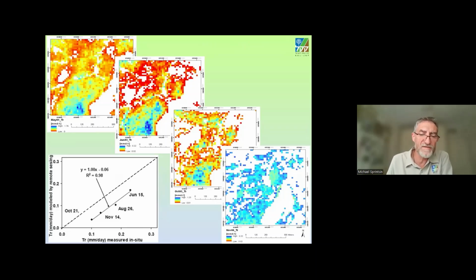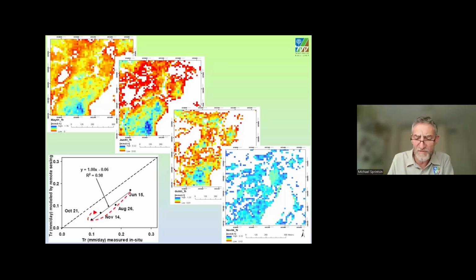By extracting values here on the plot, we can see this seasonal dynamics, how transpiration drops from June to October, and then increases again at the very beginning of the wet period in November. Again, I'll show you again. This is the dynamic of transpiration.